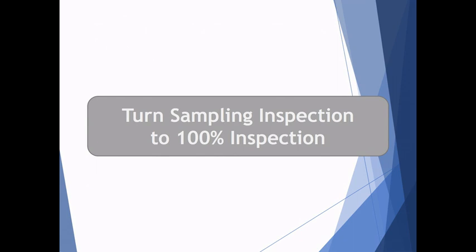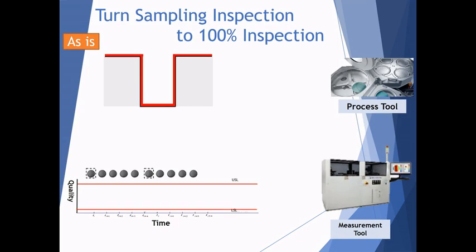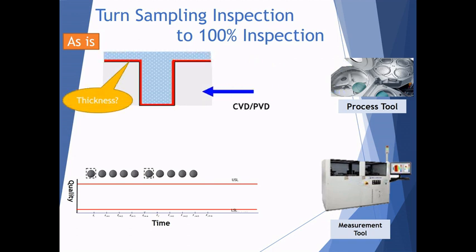First, turn sampling inspection into 100% inspection. The general way to perform quality inspection in industry is to do sampling inspection.